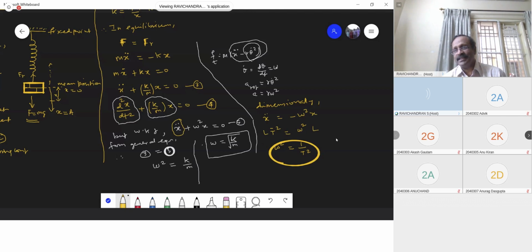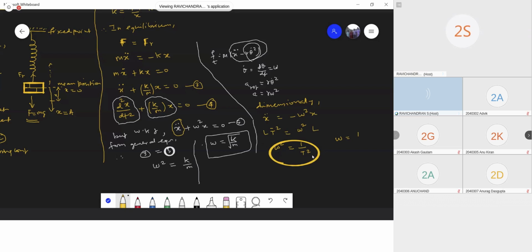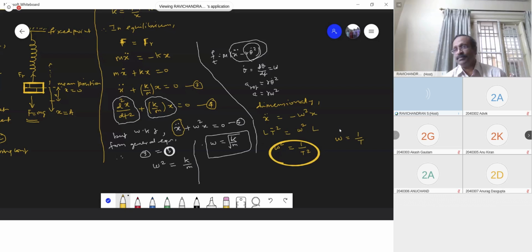Later we will see that this is omega square. What I've taken is omega square, so omega must be equal to 1 by T dimensionally. Remember, this is dimensionally.